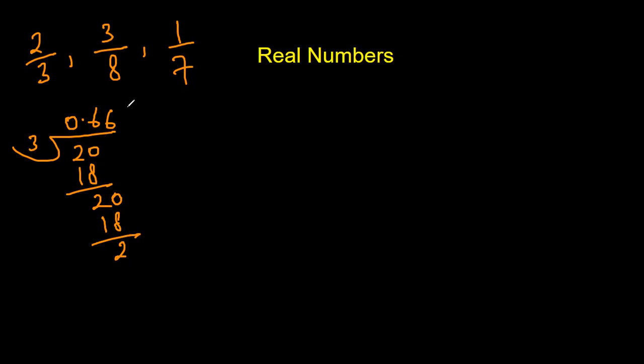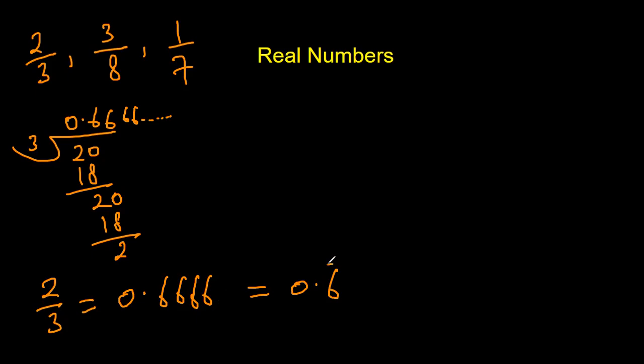So 2 by 3 can be written as 0.6666 repeating. We also write this as 0.6 and we put a bar over it. That means this digit 6 will keep repeating over and over again infinitely.